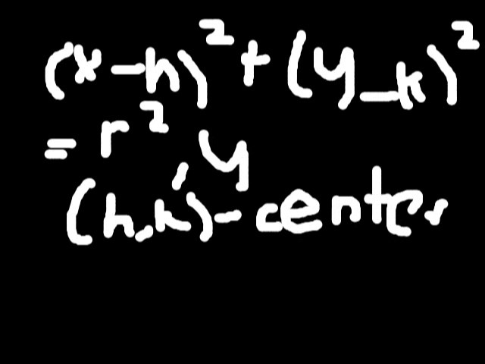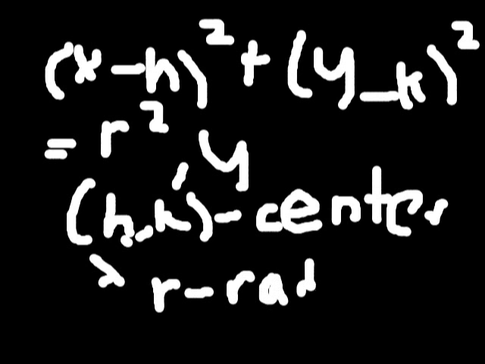And r is the radius of the circle. So that's the equation for a circle. It's similar to the Pythagorean theorem, because the x squared plus the y squared has to be equal to a distance r squared, since each point is equally distant from the center.